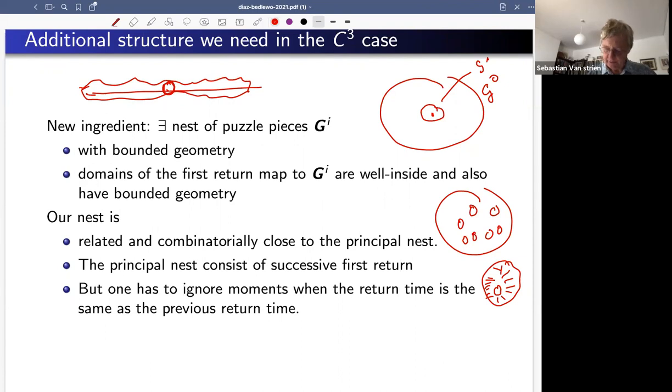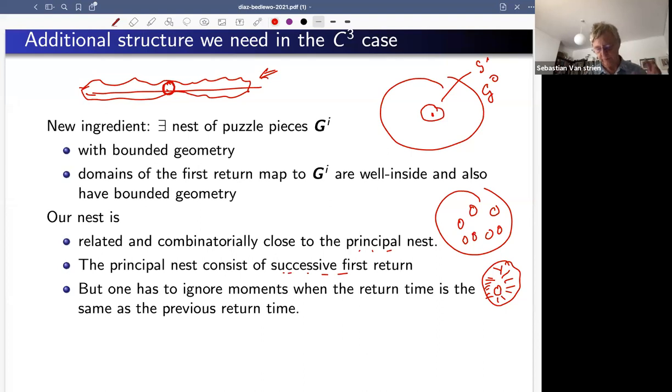And this nest is very closely related to the principal nest. And I'm going to run out of time, so I'm not going to really talk about this so much, but this is somewhat surprising because in general, if you look at these puzzle pieces, they can definitely have this shape. This definitely can happen.